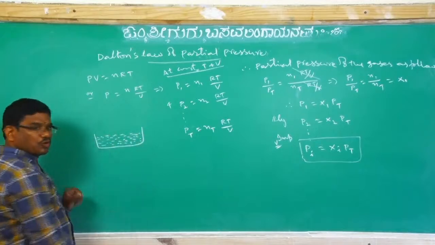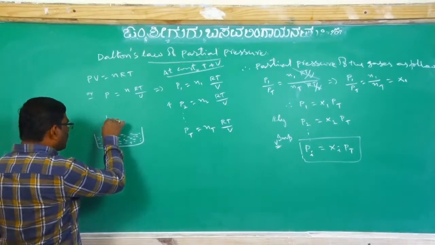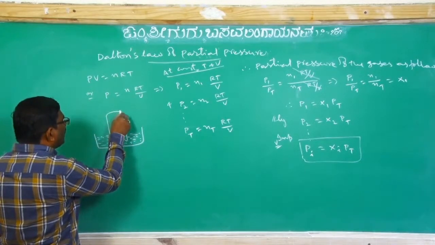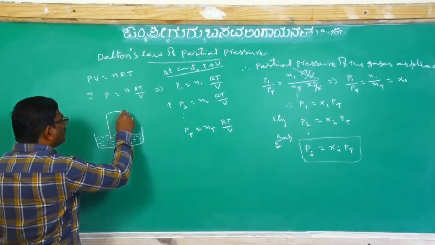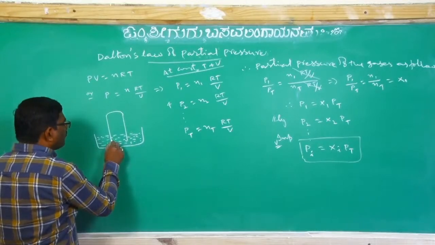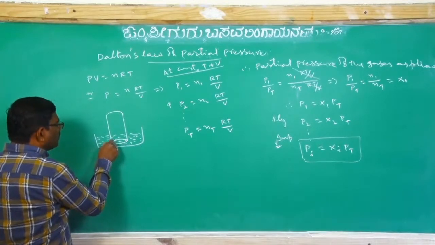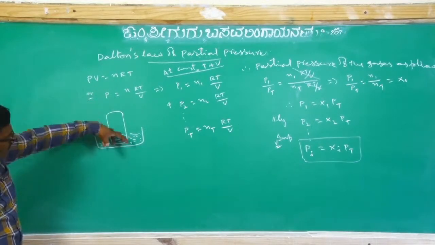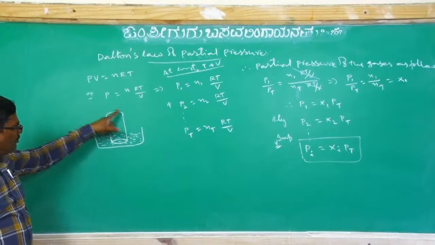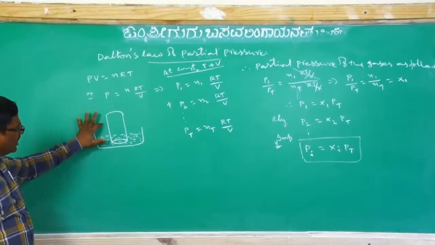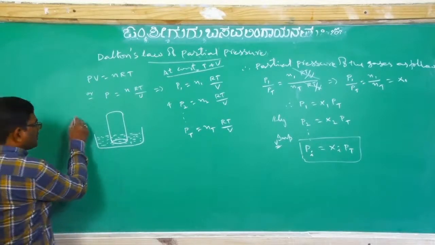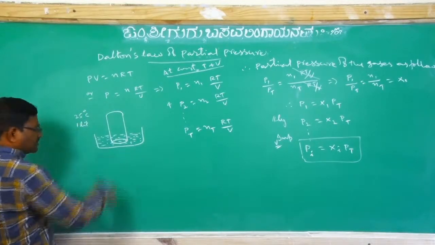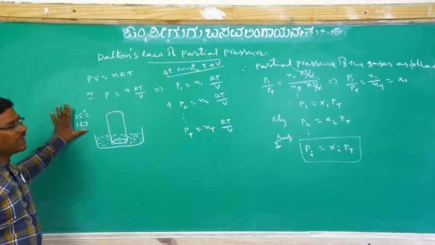Over this water, we are inverting a jar like this. A jar is inverted over a liquid. The volume of this jar is constant, right? It is taking place at some fixed temperature. So at 25 degrees Celsius, a 1 liter vessel. Temperature and volume kept constant.